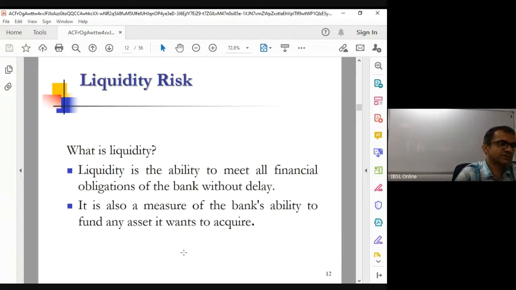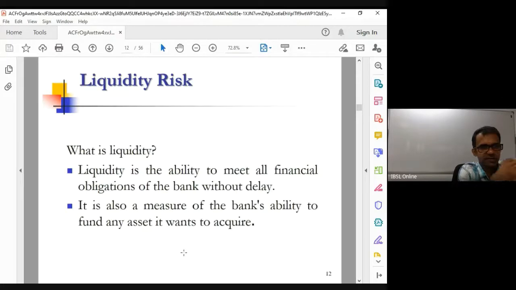Not only those, but if the bank wants to make an investment in government security or equity or buy some commodity or land or something like that, any other asset also comes under liquidity. Whether the bank has money, funds to meet all those requirements, that is liquidity.